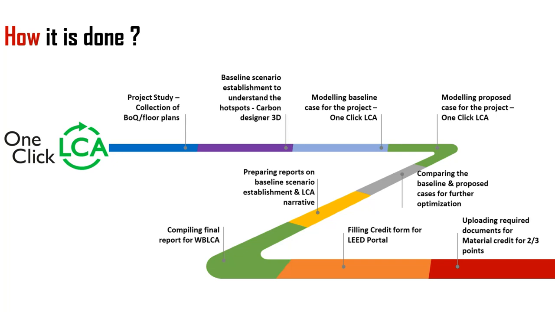Then you can compile the final report for whole building LCA, and ultimately you can move to the LEED portal where you can fill the credit form and upload the required documents for the material credit, either for 2 points or 3 points depending on what portfolio of projects you are applying, whether it is ID+C or BD+C.